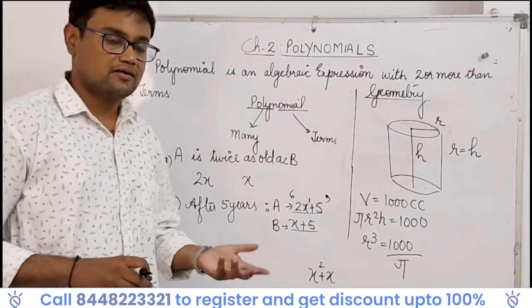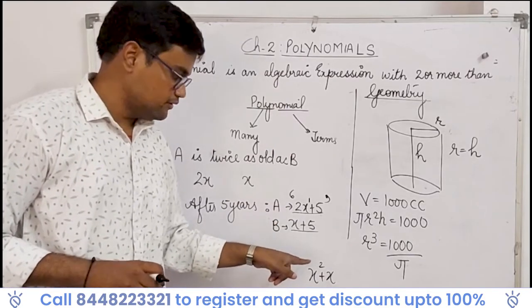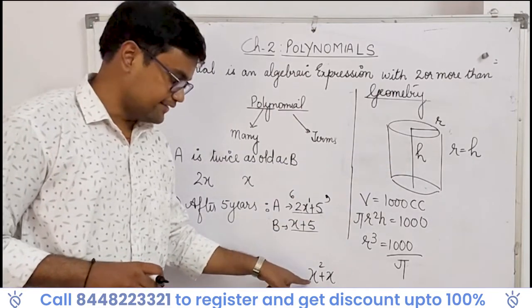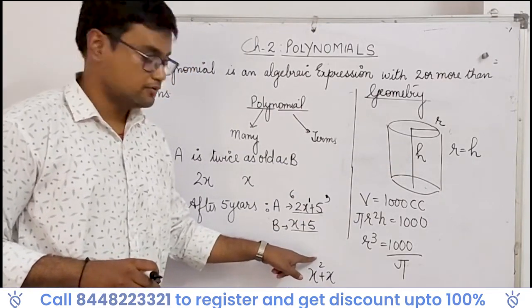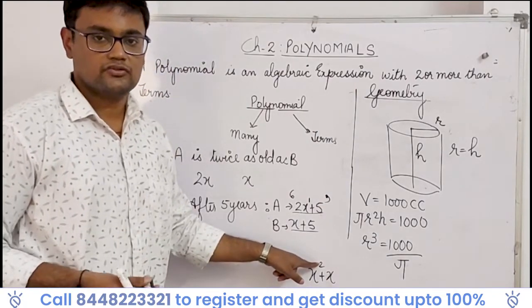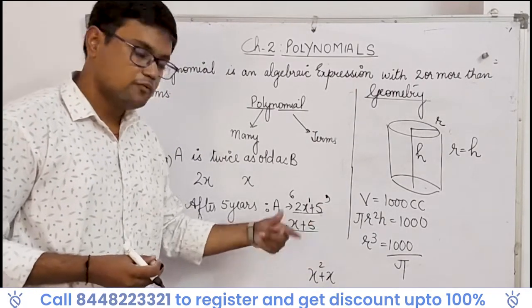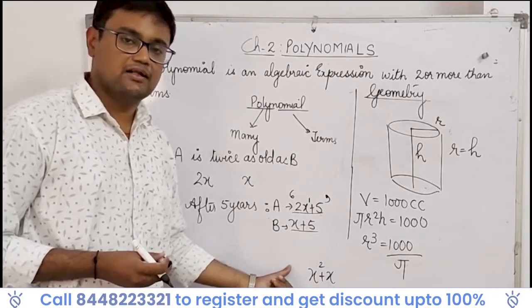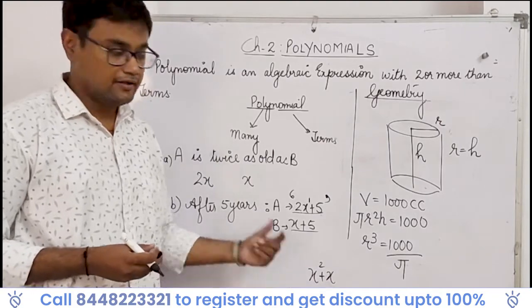Quad means 4, but in the Greek language, quad means a power, an expression raised to the exponent 2. That is the meaning of square or quad over there. From there, the name has been derived for this polynomial as quadratic polynomial.